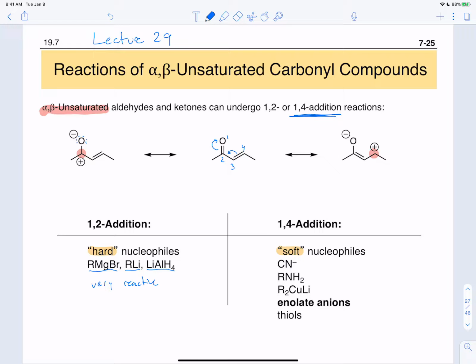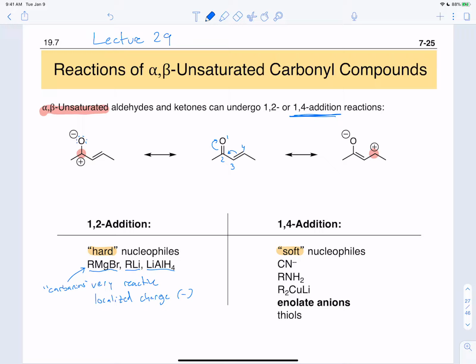These are going to have lots of localized charge, and specifically negative charge since they're nucleophiles. We usually think about things like Grignards and organolithiums almost being like carbanions. Hard nucleophiles have a lot of concentrated negative charge that's very reactive in one place.